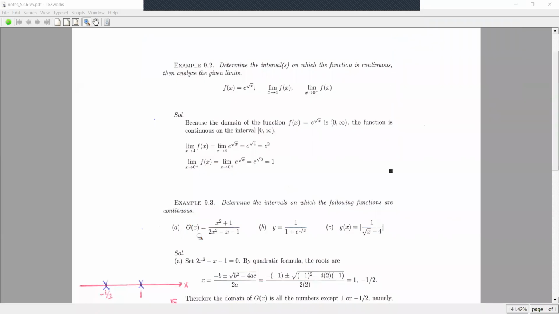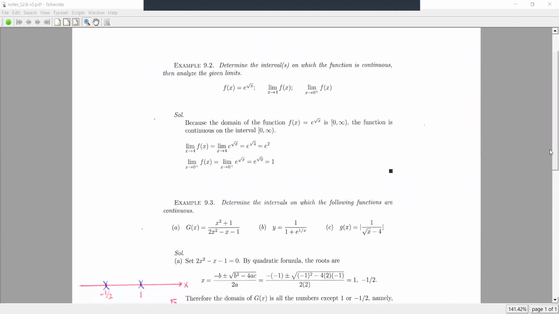To find the domain of this function, set the denominator to 0 and solve this equation by quadratic formula. Then we get x is 1 and negative 1/2. At these 2 points, function g is not computable or not defined because at those 2 points, denominator is 0.